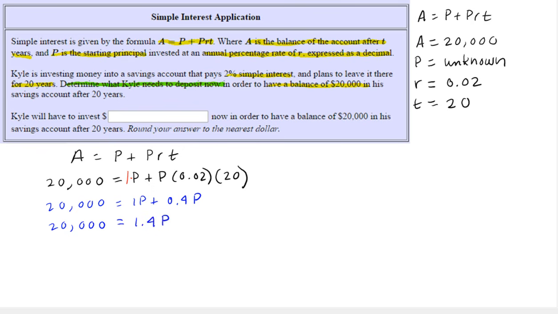Now our last step is we want to find what 1p is, and this is 1.4p, or in percentage terms you could think of this as 140% p. So to find 1p or 100% p, we want to undo the fact that these are multiplied by dividing. So we'll divide both sides by 1.4.